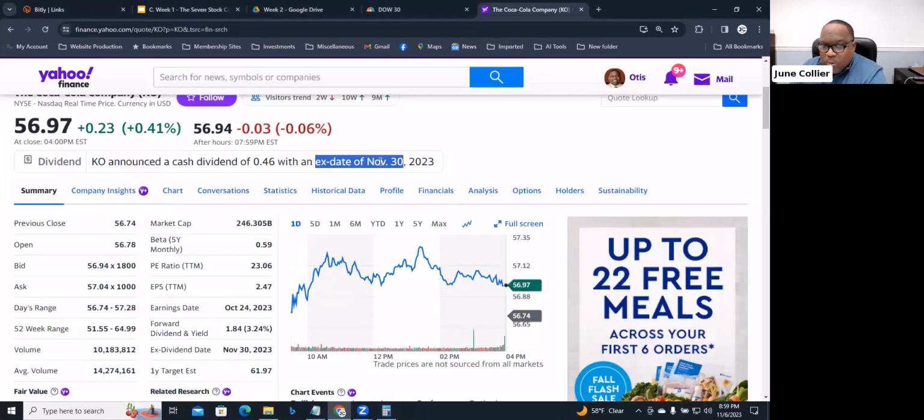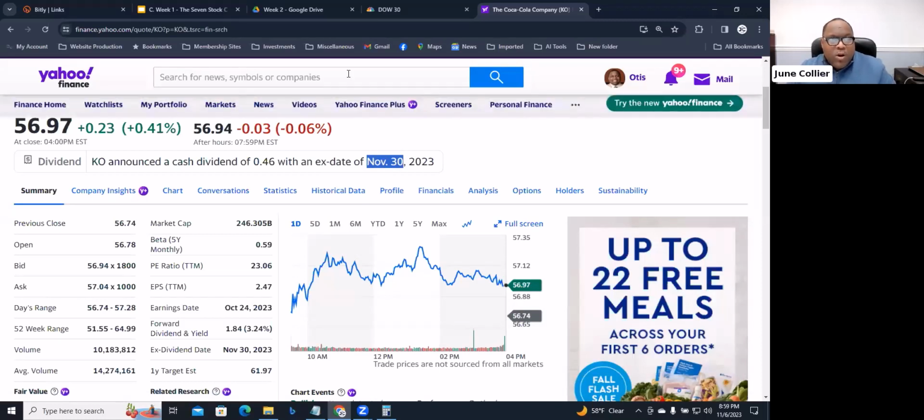Okay. So you have to own Coca-Cola by November 30th in order for you to get the dividend of 46 cents. So if you buy it on December 1st, you missed out. You got to own the shares by November 30th. That's what that means. Okay. And we'll talk a little bit more about that when we get into dividends.